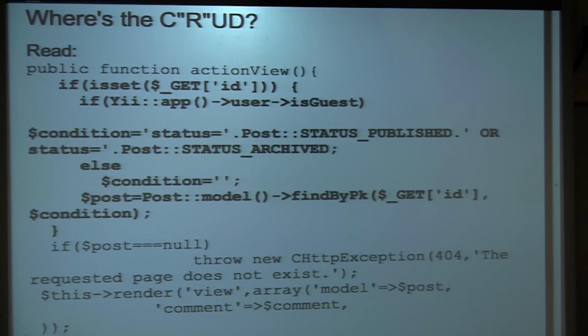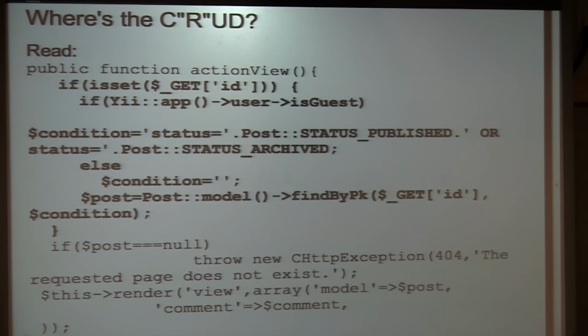The R, which is the next letter in our acronym. So viewing a post. In this case, we are looking for the get ID. So I didn't do the binding here. Just explicitly looking for the get parameter. And I'm checking whether or not the user is a guest, which is a nice yes.